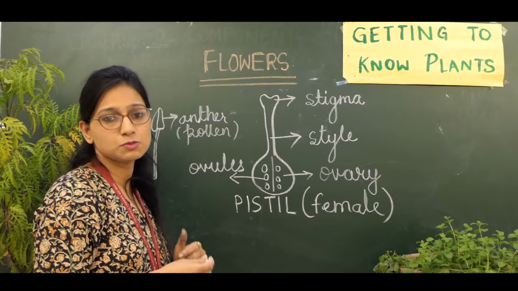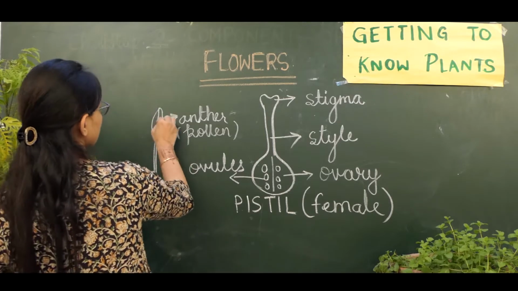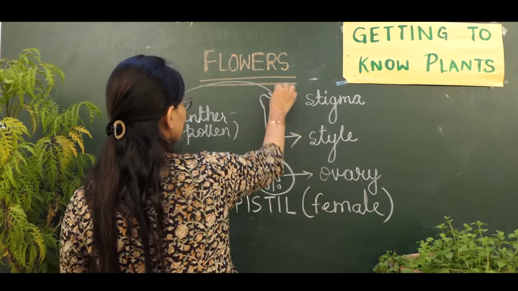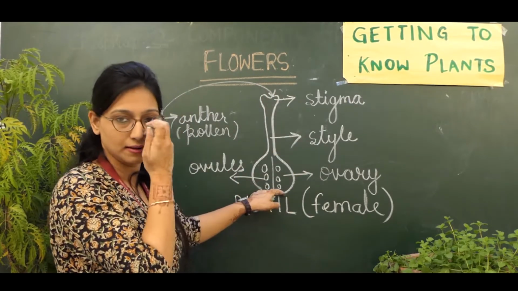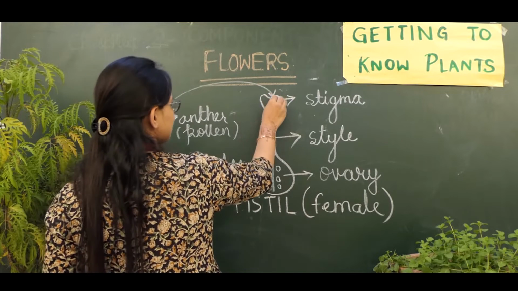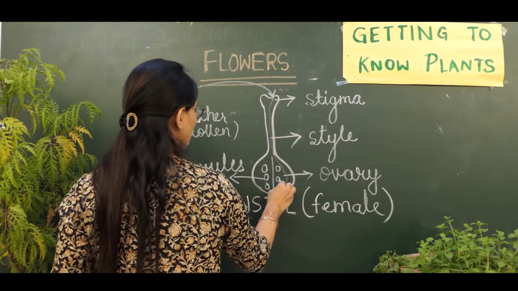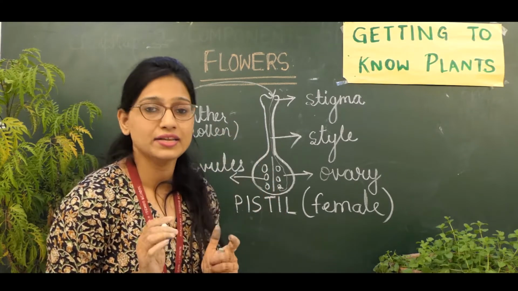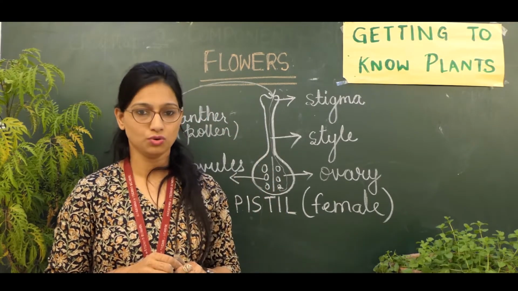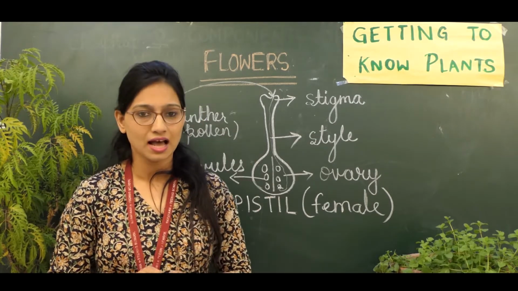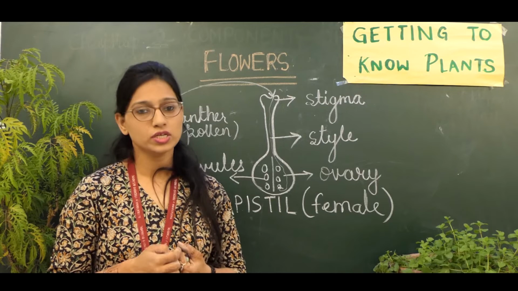So there are many factors because of which this pollen grain which is inside this, it reaches to the stigma of the female. Okay. And once it reaches there, it goes down and down. It goes to the ovule, and then a fruit is formed. Okay. After this pollination and fertilization, which we will see in higher classes, the fruit is formed.